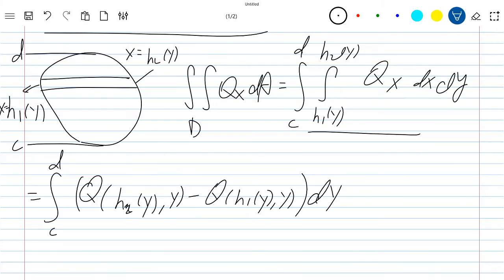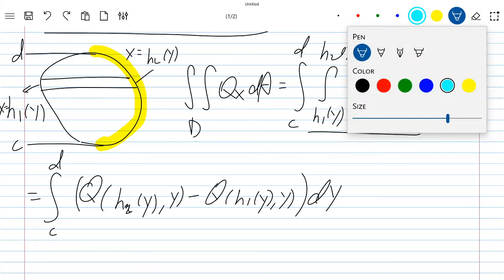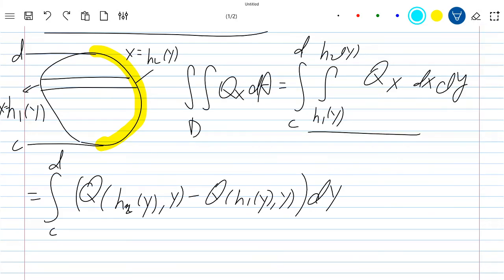Now you divide the curve C into two parts, this part and that part. Let me call this C1 and call this C2.